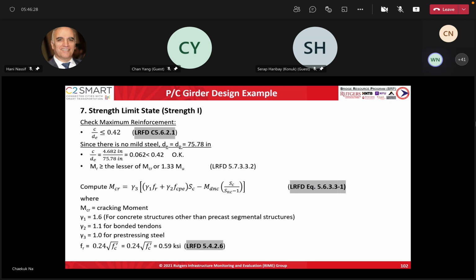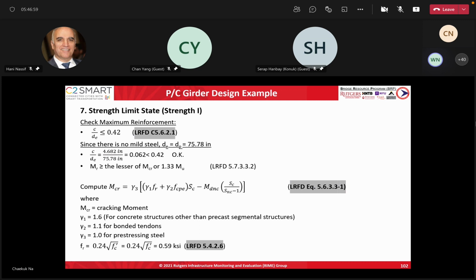Now, in the previous versions, it was 1.2 M crack, and M crack had a different expression than this. But now the new AASHTO defines M crack as follows. It's dependent on values of gamma, whether it is segmental or not, bonded or unbonded, and the value of gamma 3 is 1 for pre-stressing steel, and it's less than 1 if we have any reinforcement.